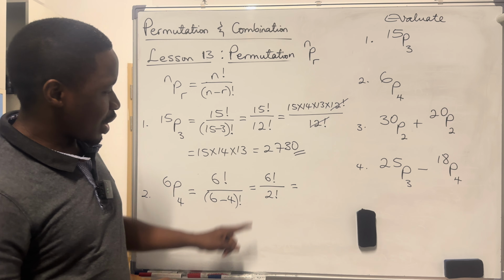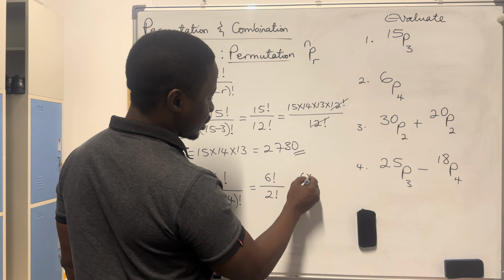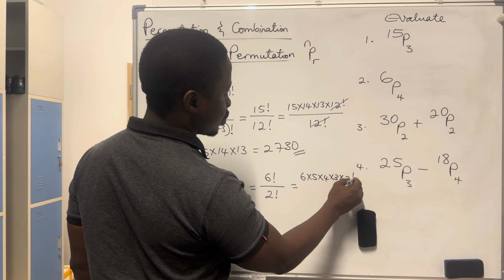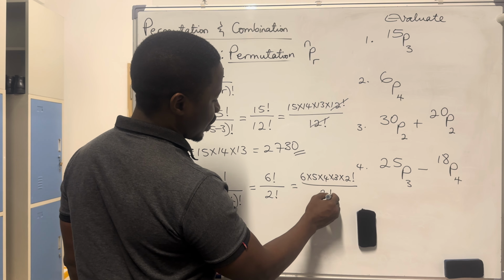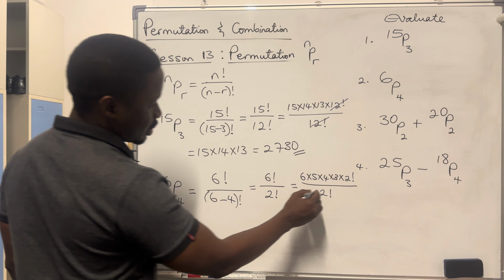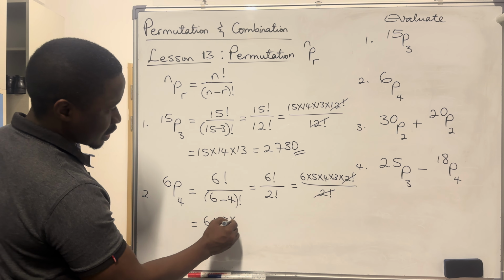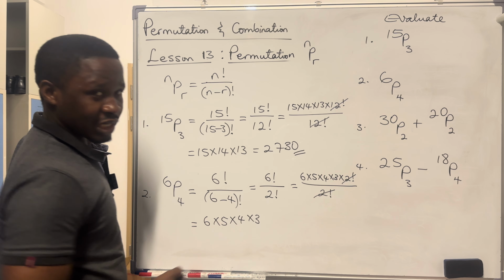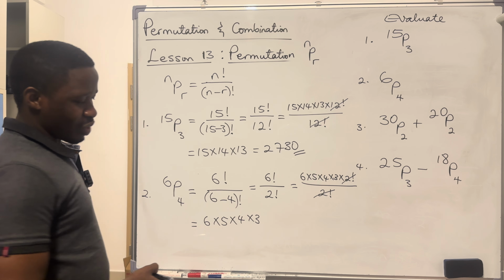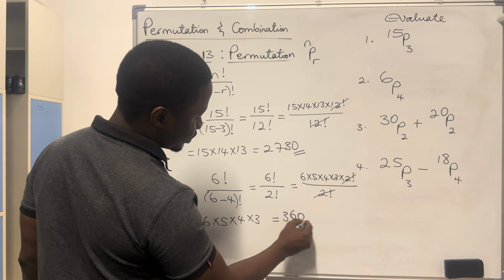We expand this until we see this one. 6 factorial is 6, 5, 4, 3, 2 over 2 factorial. This takes away this, so we have 6 times 5 times 4 times 3. 6 times 5 is 30, 30 times 4 is 120, 120 times 3 is 360.